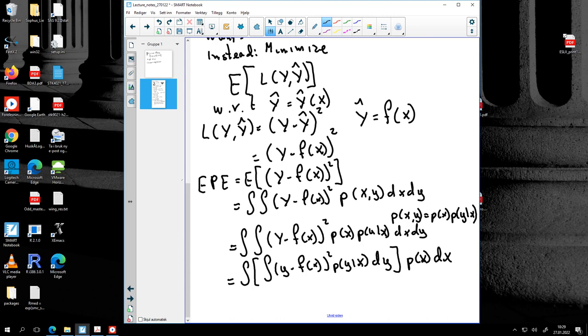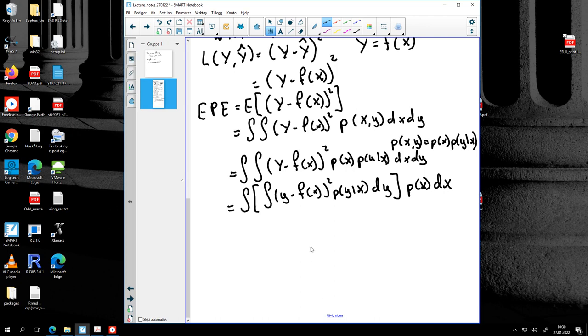Okay, and so the task is still to find the optimal function f, which minimizes this expression. But note now that it's sufficient to minimize this part for each x.